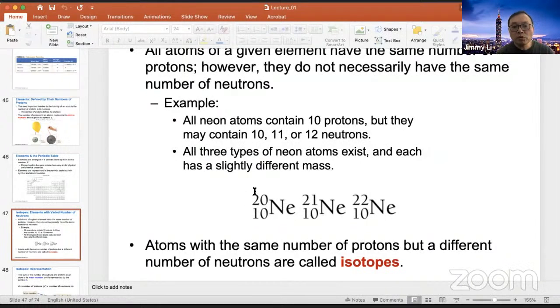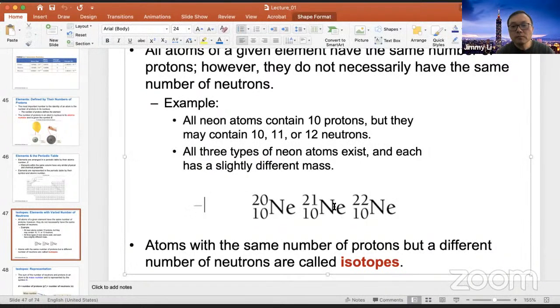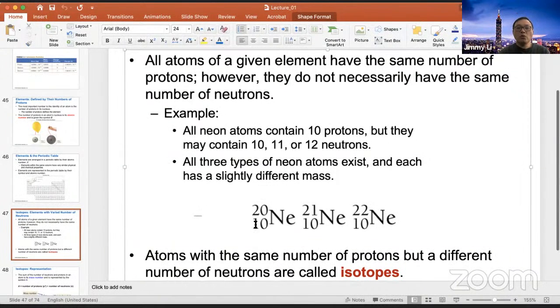In this example, we have neon: neon-20, neon-21, neon-22. That 10 is just optional information, because neon must have 10 protons. The element with 9 protons must be fluorine, and the element with 11 protons must be sodium, Na. Whenever you change the number of protons, you change the identity of the element, so that 10 is really optional.